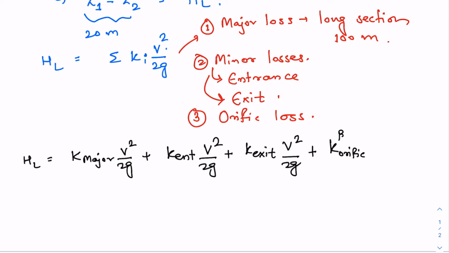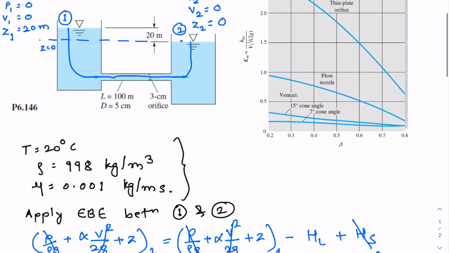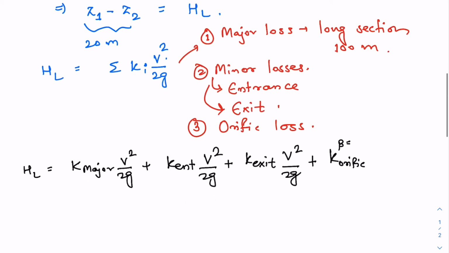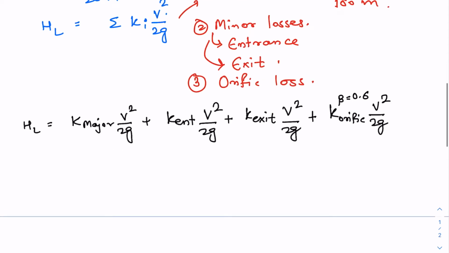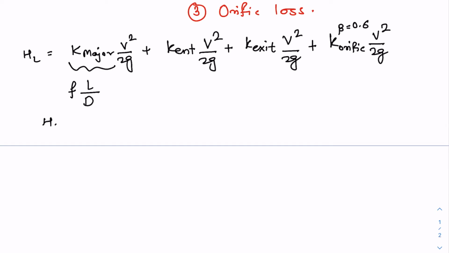Again, the geometric ratio beta here for the orifice is 3 by 5, which is 0.6, times V square by 2G. And as you may know, this major loss is friction factor multiplied by the length of the pipe divided by the diameter, and so HL will be V square by 2G bracket FL by D plus.